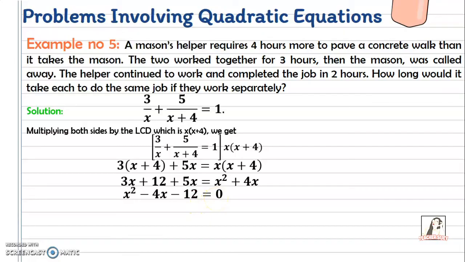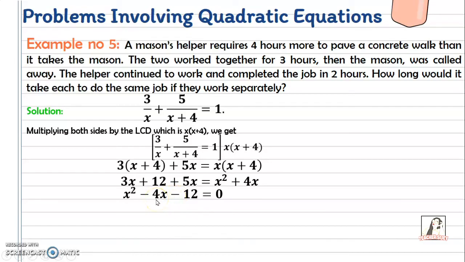So, now, let's factor this quadratic equation. Kailangan natin i-transform ito sa kanyang mga factor. Let's think of a number that if we multiply, the answer is 12, and if we subtract, the answer is 4.